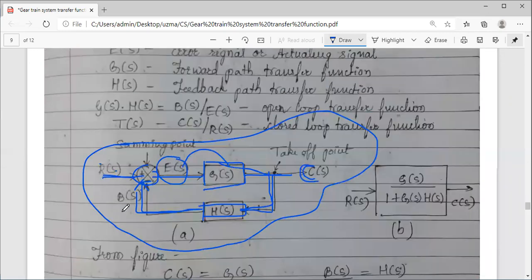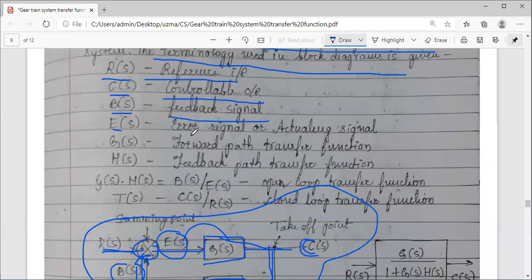You can see B of S is here, feedback signal. E of S is the error signal, which is the subtraction of R and B, or we even call it the actuating signal. That's why you have seen in the previous diagrams, actuators are there. That is which will give you the error output.